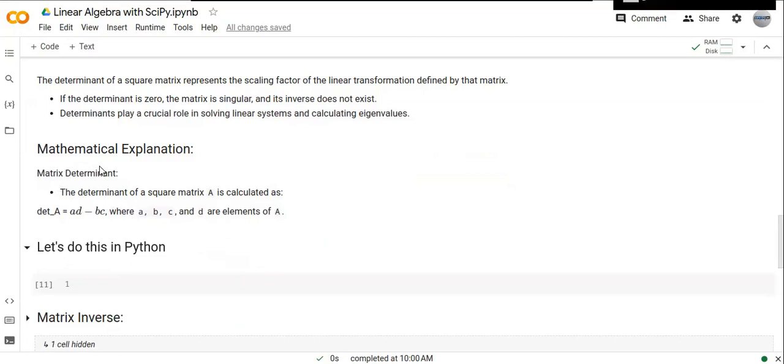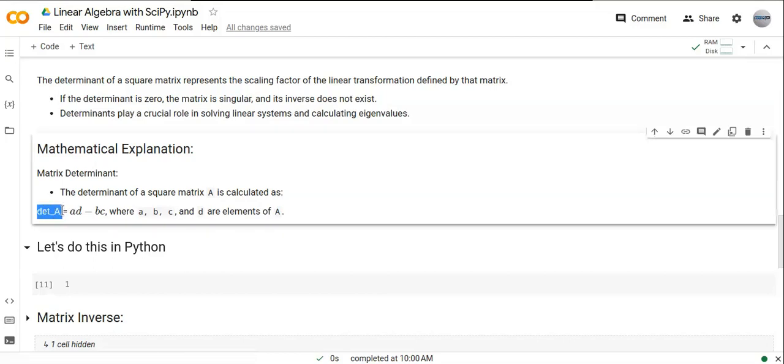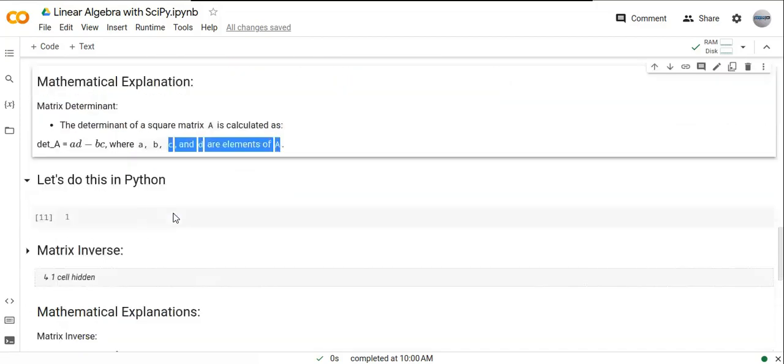Mathematically, the determinant of a square matrix A is calculated as AD minus BC. This is the formula used to calculate the determinant of matrix A, where A, B, C, and D are elements of the matrix.